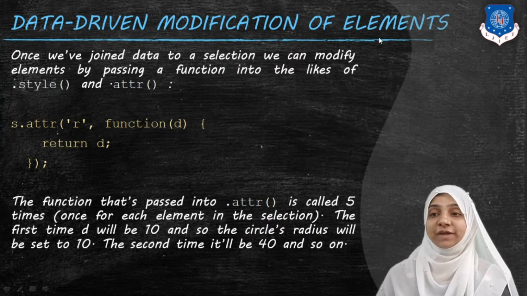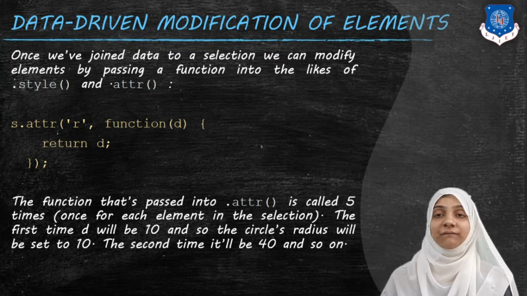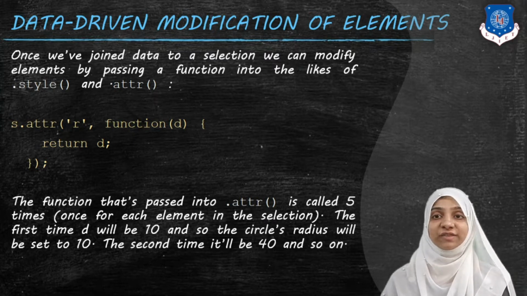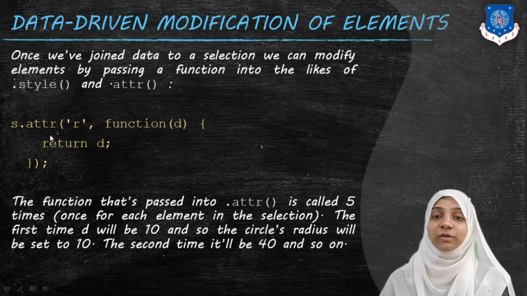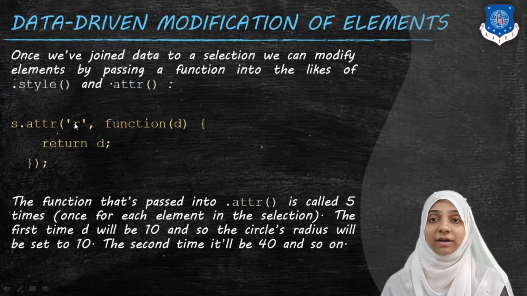Now, data driven modification of these elements. For the elements that we have bound to some tag or SVG element or shape, we must change their attributes. After joining the data to the selection, we can modify the element by passing a function into style and attr. The radius of a circle can be changed using s.attr, where r stands for the radius of a circle and circles are selected within selection s.